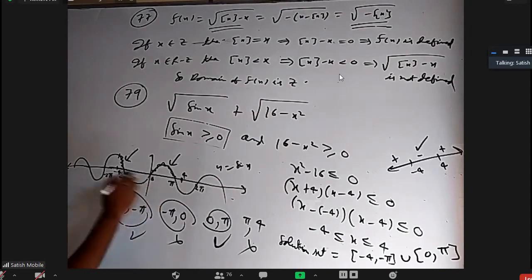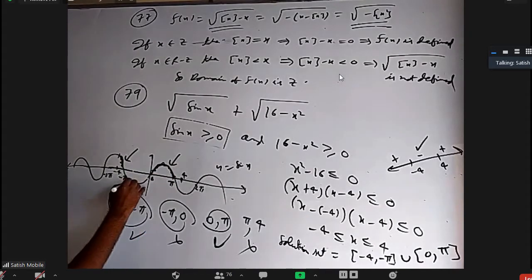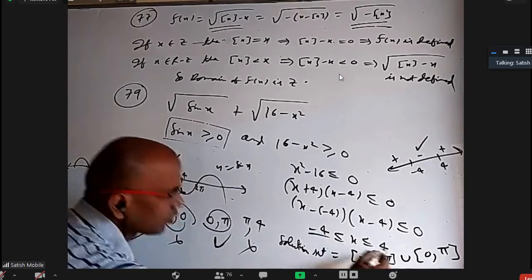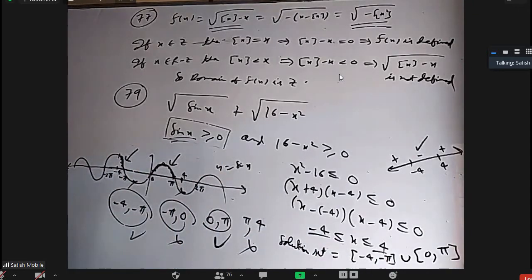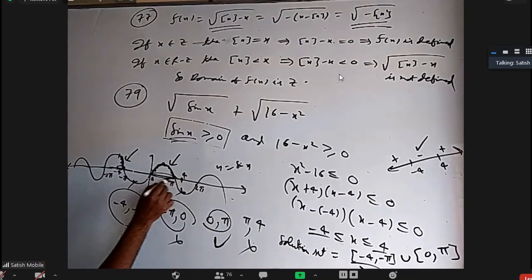Between minus 4 to 4, if you take only that piece of sin x, where is sin x positive? This upper part is above the x-axis. This one is not okay. This is also not okay. Right? Yes, sir. So among minus 4 to 4, sin x is positive in this small space, that is this part, minus 4 to minus pi, and this part which is 0 to pi. Yes, sir, understood.